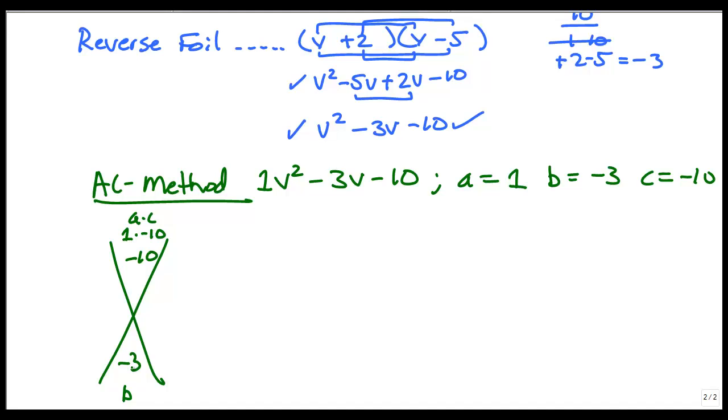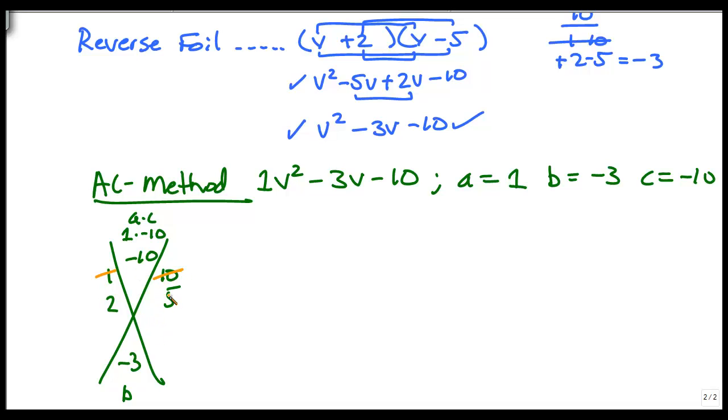So I'm looking for two numbers multiplied together that give me negative 10, added together that give me negative 3. Well, I could start with 1 and 10, or 2 and 5. Those are the only ways that 10 breaks down. As I look at this, no matter which is positive or which is negative, there's no way 1 and 10 is going to get me anywhere close to a 3. I could do a negative 9, an 11, a 9. It's just not going to get me to that negative 3.